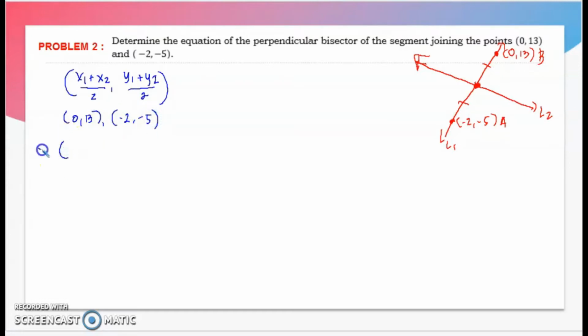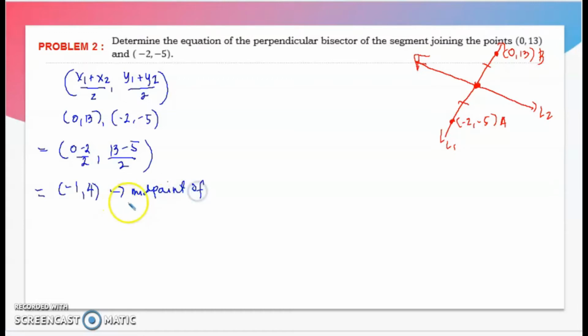So that is 0 minus 2 divided by 2, and then 13 minus 5 divided by 2. And then simplify. So 0 minus 2 over 2 is equal to -1. 13 minus 5 is equal to 8, divided by 2 is equal to 4. So this is the midpoint of segment AB.